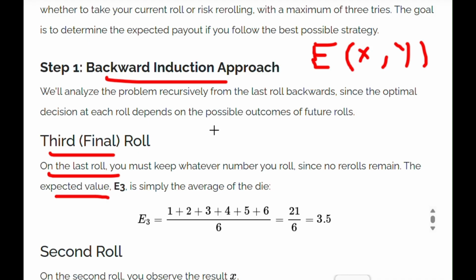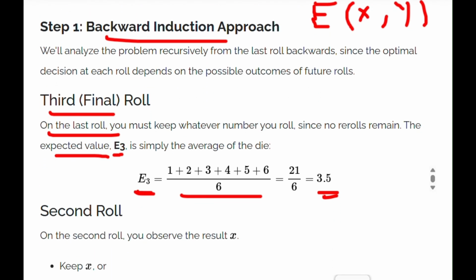So the expected value, which we denote by E3, of the third roll is simply the expected value of all the possible values given a dice roll, which is 1/6 of 1 plus 2 plus 3 till 6, which is equal to the average of 1 to 6, 3.5. So this is the expected value that we would get from the third roll.